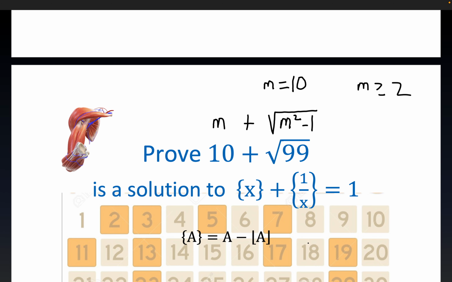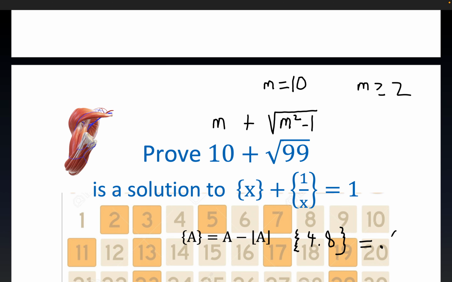Okay, now this is a general definition of what we mean by the fractional piece. Let's do a concrete example. What if we had, say, 4.8? The fractional piece is always going to be the part of the number that's less than 1. And so this by inspection is just 0.8, or 8 over 10, or 4/5 if you want to think of it that way.